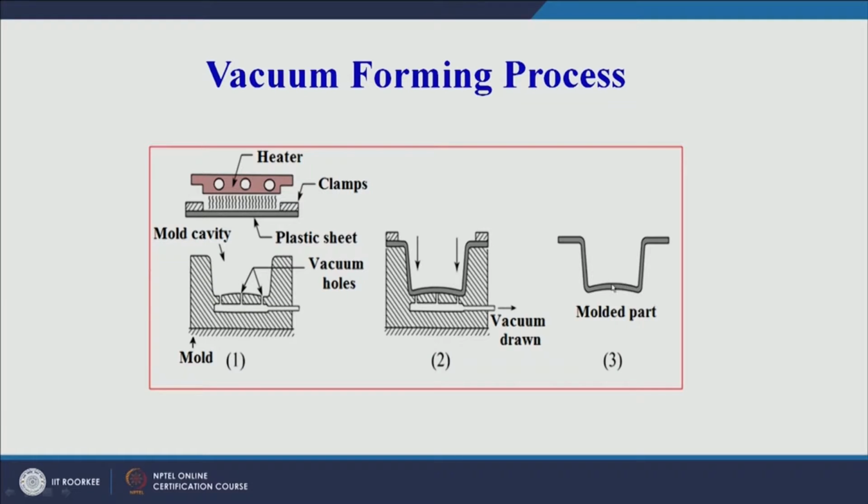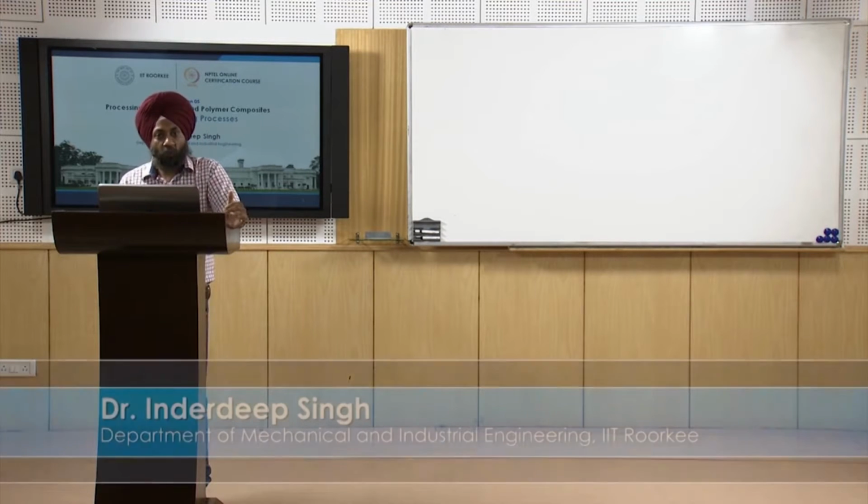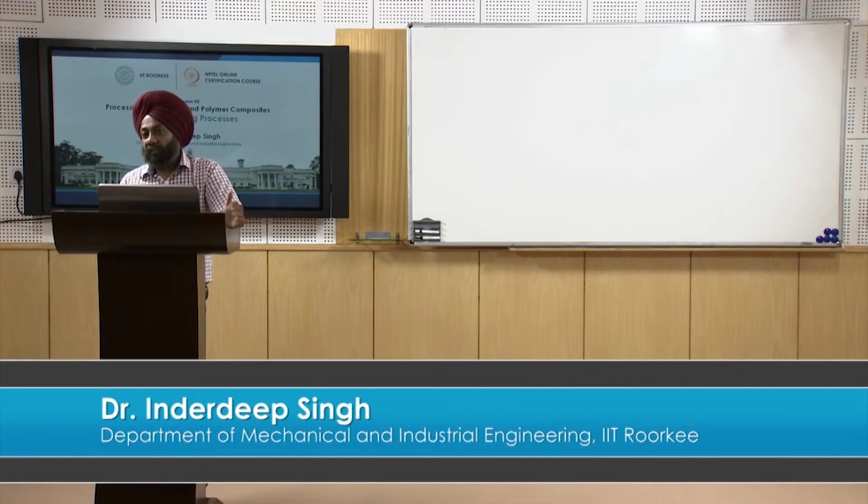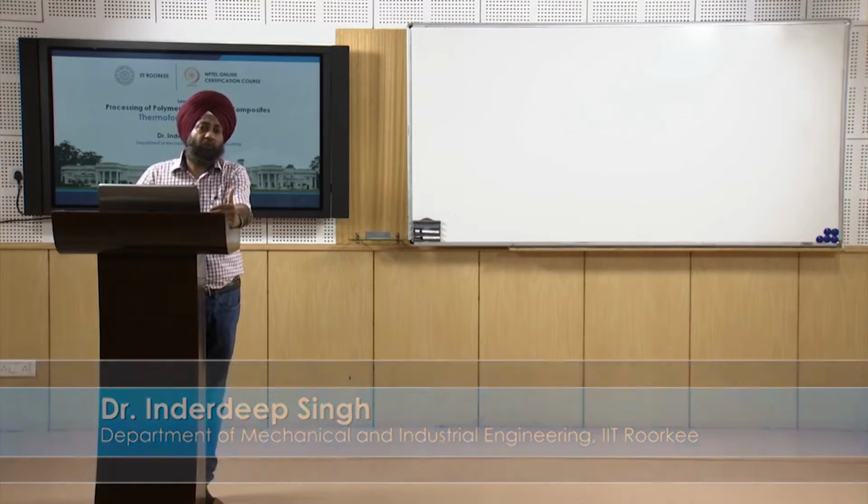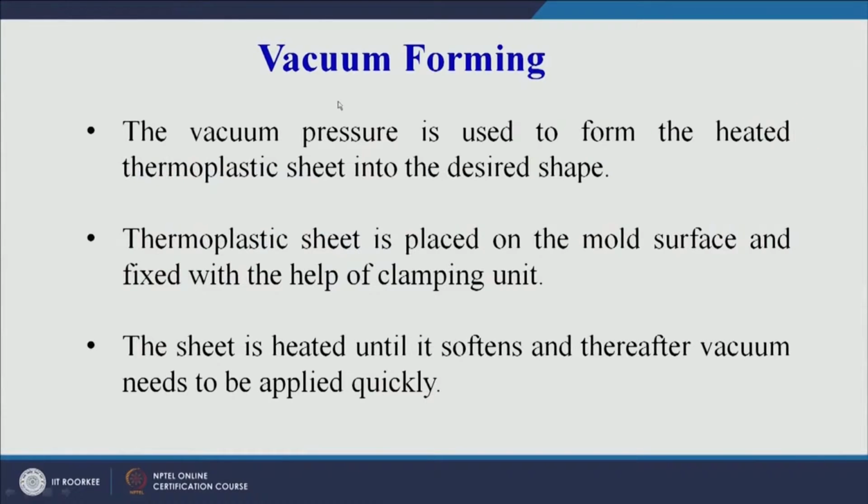Now whatever I have explained, let us try to systematize it, let us try to study it step by step so that you remember the basic working principle of the vacuum forming process. On your screen you can have a look at the various stages or steps of the basic working principle of the vacuum forming process. The vacuum pressure is used to form the heated thermoplastic sheet into the desired shape.